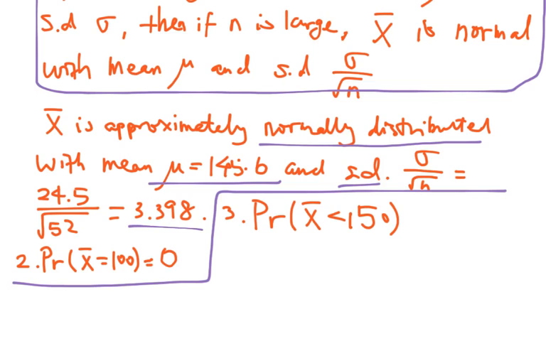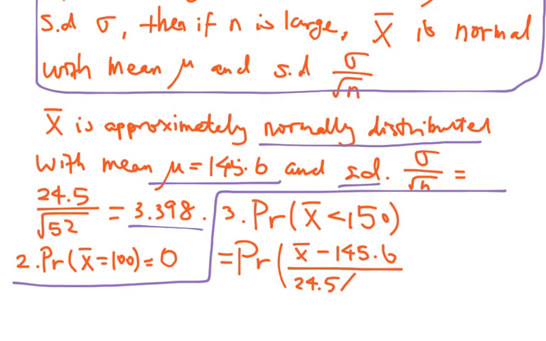And to find its probability, we have to convert it into the standard normal distribution. That is a normal distribution with mean 0 and a standard deviation of 1. By doing that, we can subtract both sides by the mean, which is 145.6 in this problem, divided by the standard deviation, that is 24.5 divided by square root of 52.